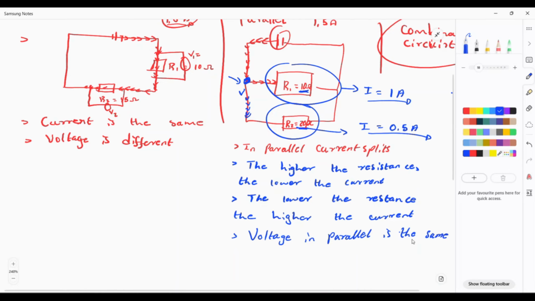But in parallel, the current splits, which means the current is different. So this is the most important basics that you must have.